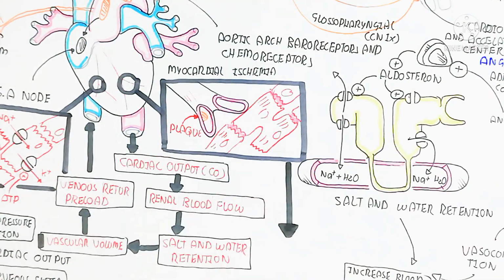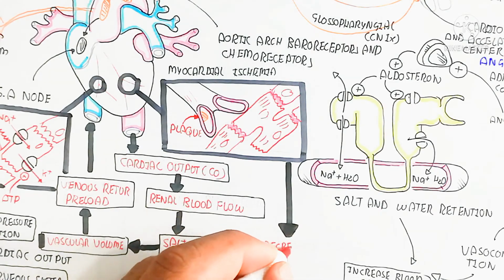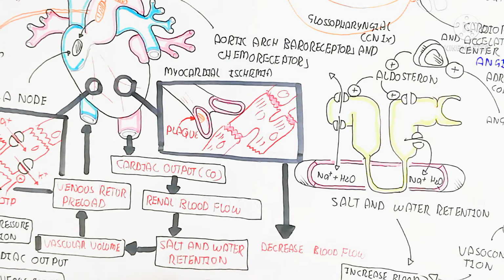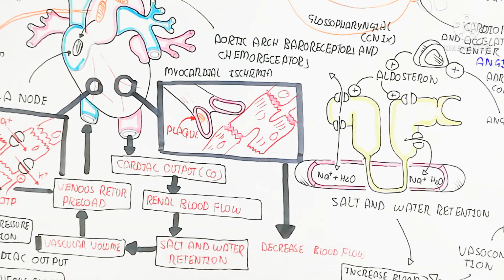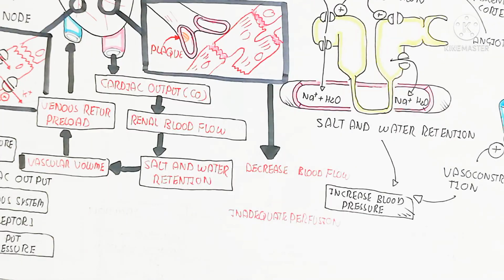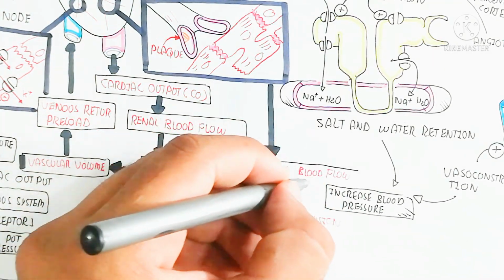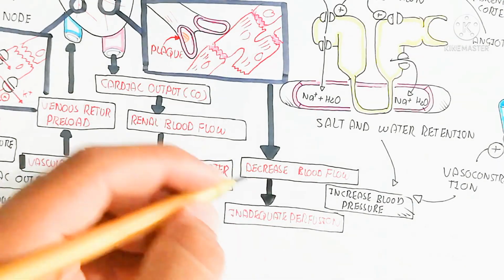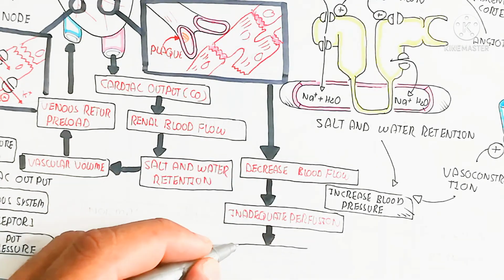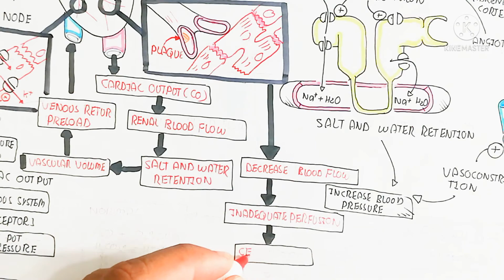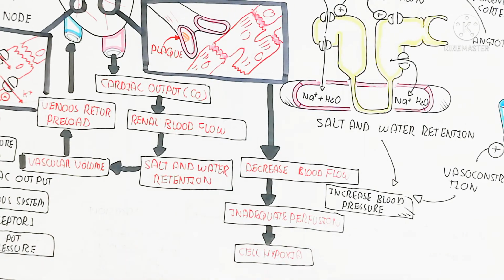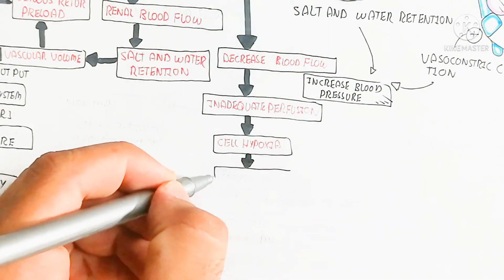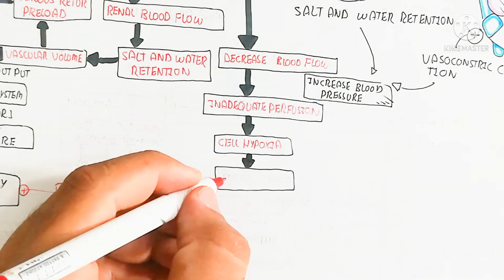On the other hand, the decreased blood flow into the cardiomyocytes will lead to inadequate perfusion. The inadequate perfusion of oxygen leads to increased carbon dioxide while the oxygen decreases, and in this way the increased carbon dioxide will combine with water in the presence of carbonic anhydrase enzyme, leading to hydrogen and bicarbonate dissociation.